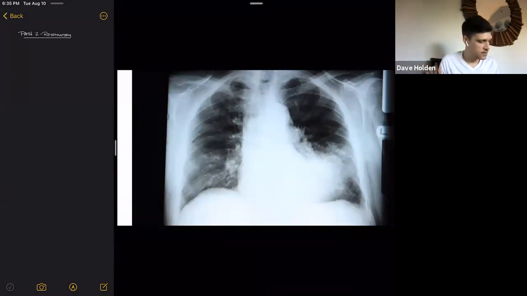What is suspicious, do I have a little pointer here? Is that, and those, that's pneumonia. This black area here is normal. That's what it should look like, but the whole lung should look like that. You should see clear, nice clean borders.